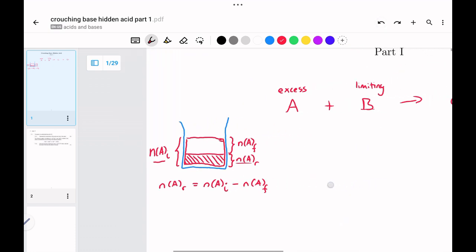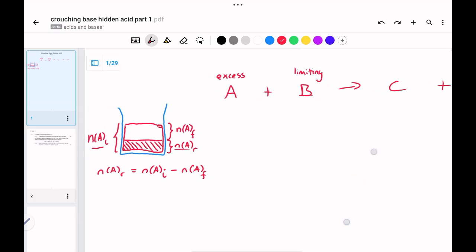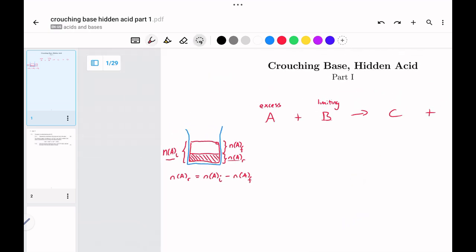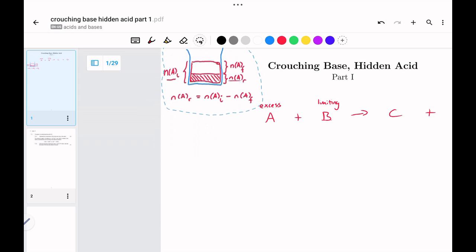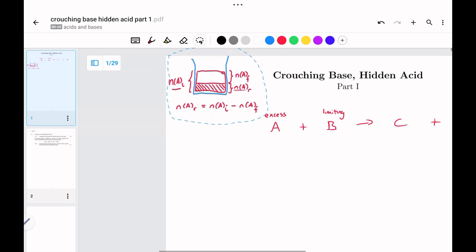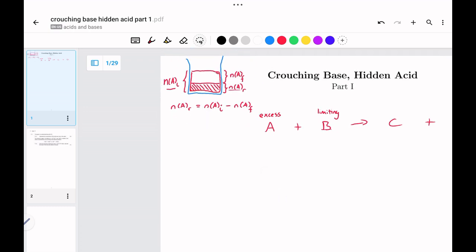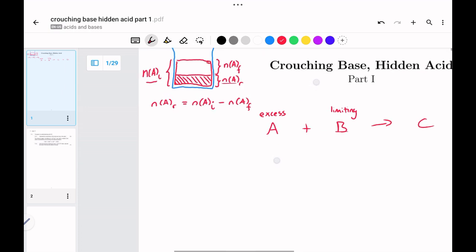Now, I said in the prequel that this can be described quite well using the same format as you have for equilibria, the equilibria rise tables or ice tables.